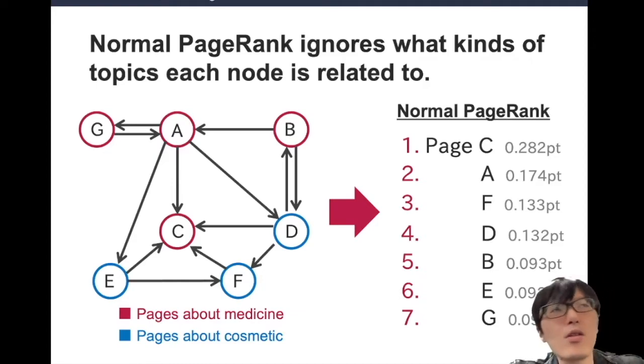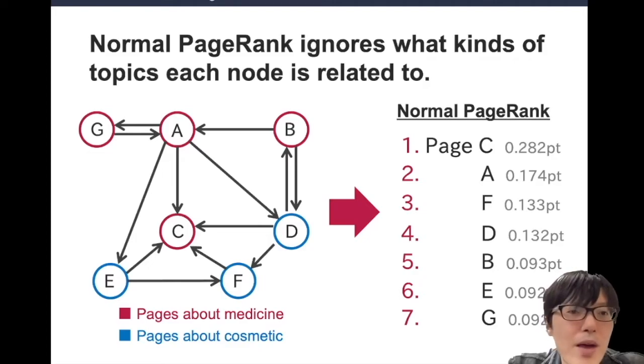Of course, the normal PageRank score is very useful if we want to know the global importance of web pages. But if we want to know the importance of web pages from the viewpoint of medicine, what should we do?